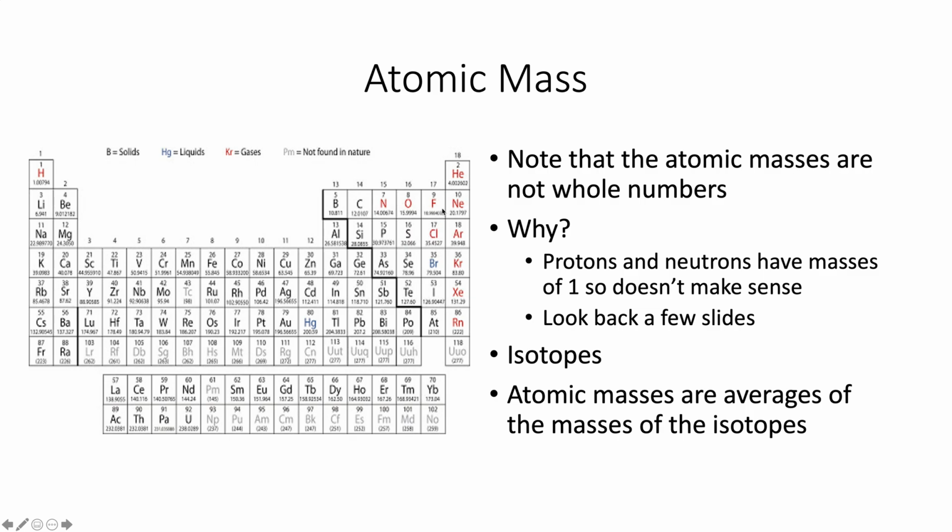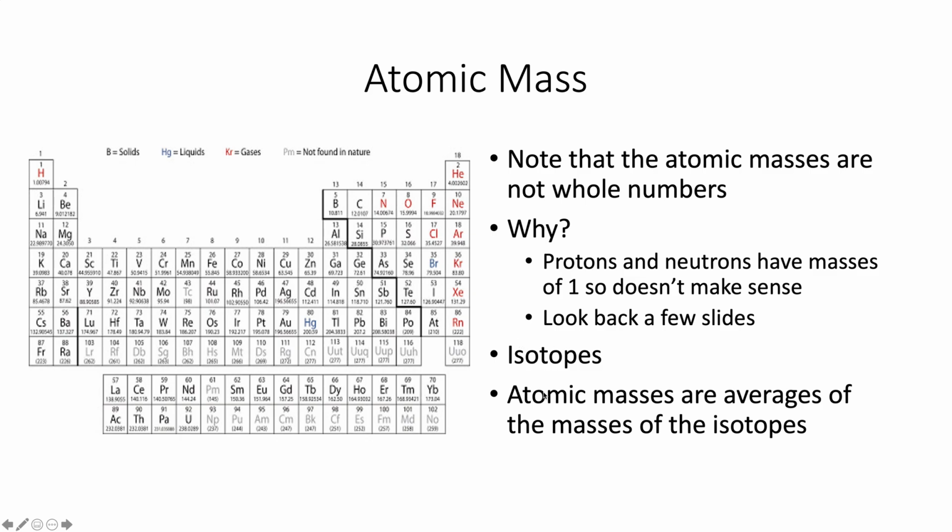Some of them are close, like 4.02, 1.008, 6.9. But then you have some like chlorine, 35.45, or copper, 63.5. I know they're hard to read, but if you have your periodic table, you can read them. So why would they not have whole number masses if they're made of things that have whole number masses?